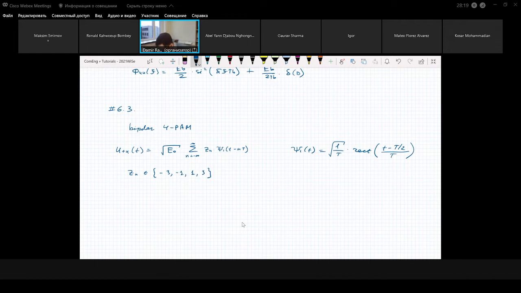And also you can find how many bits you can transmit using this alphabet. Because we have 4 states, and in order to encode each state, you need 2 bits. And as a result, each symbol will carry 2 bits.